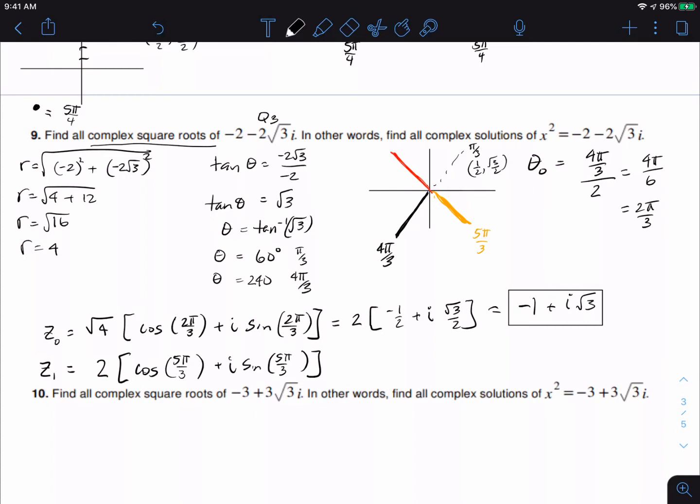Now, since we're in quadrant 4, I'm going to get 2 times. My x is now positive. My y is negative. And so I'm going to get 1 minus I radical 3.